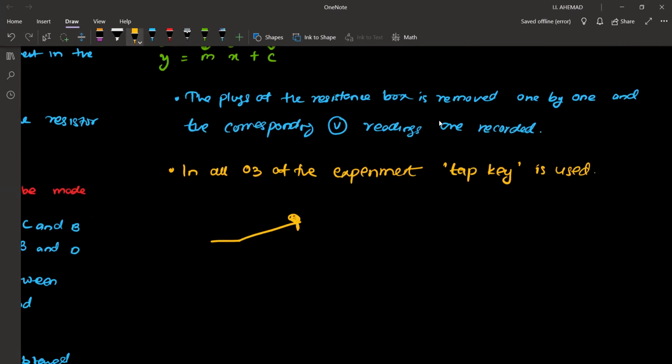You have a knob and this is the connector. If you press it hard, we should press it really hard, to have a very good contact. When you leave, the switch will automatically open. So that is a tap key. So just draw a diagram of a tap key.